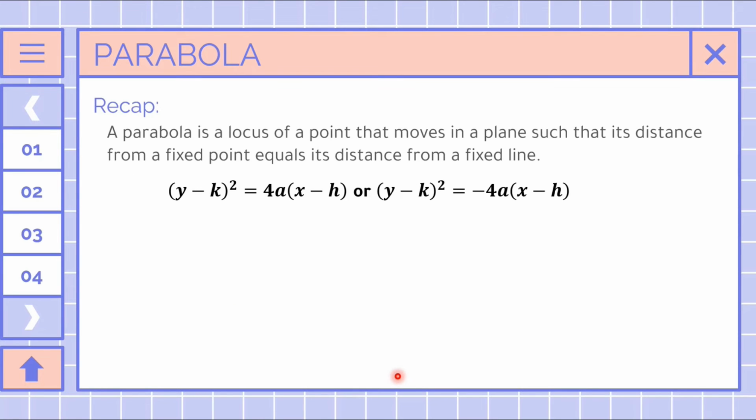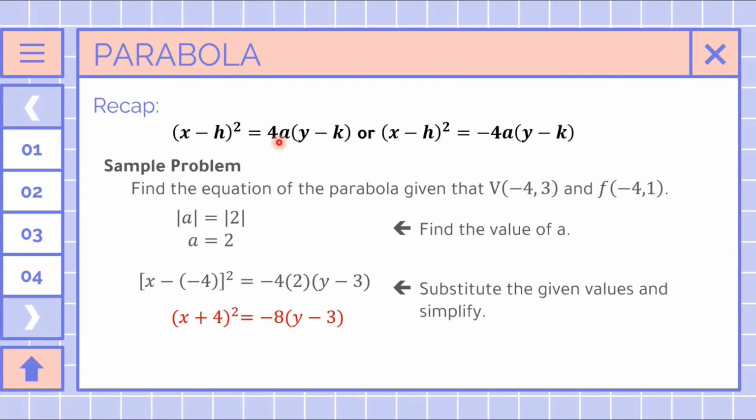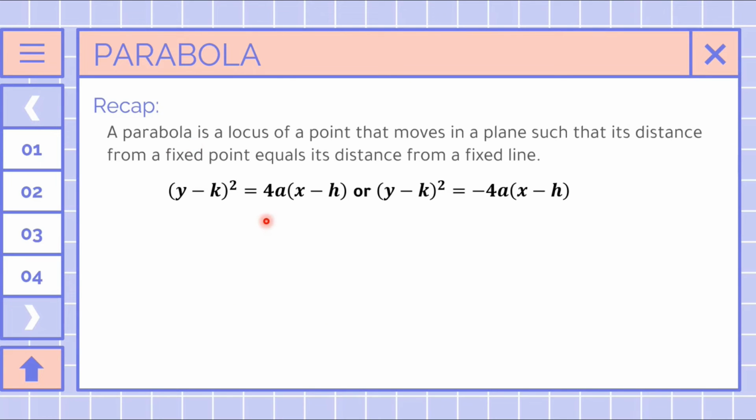So with that, nag-change ng position yung parentheses natin na y minus k and x minus h. As you can see here, napunta si y minus k on the left side and it became squared, while the x minus h is nilipat on the right side without its square.